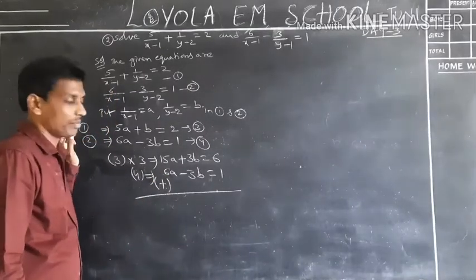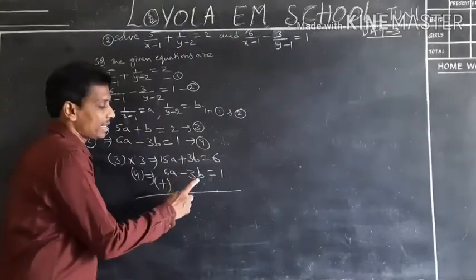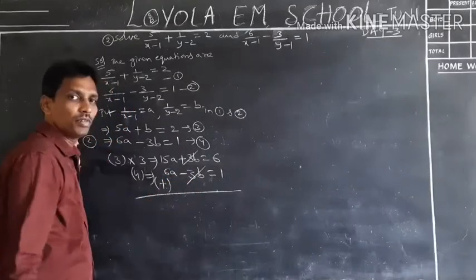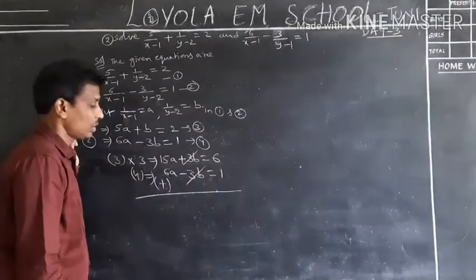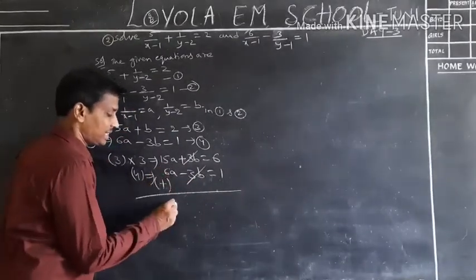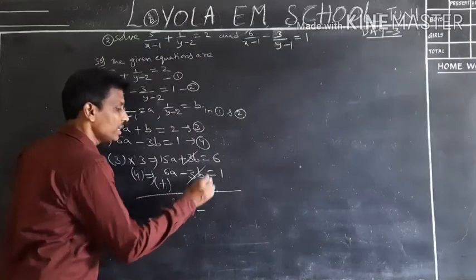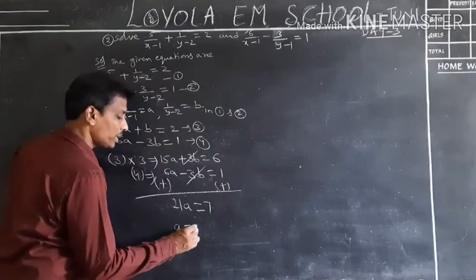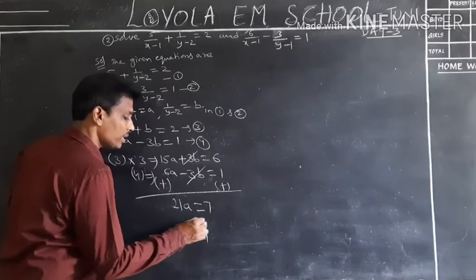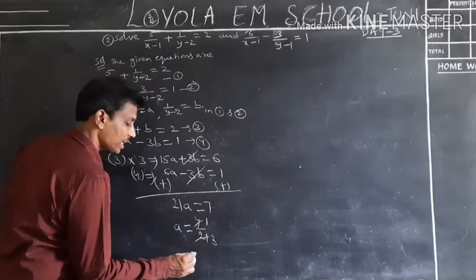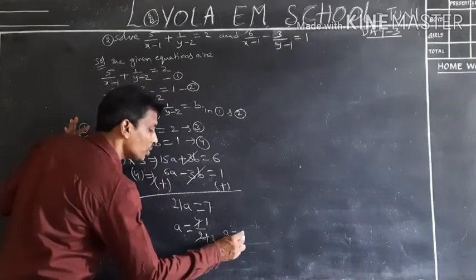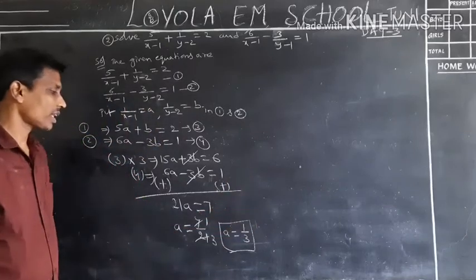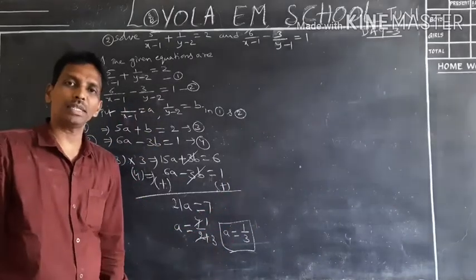Here plus 3b is there and here minus 3b is there, so plus 3b minus 3b will be cancelled. 15a plus 6a becomes 21a. 6 plus 1 means 7. So a is equal to 7 by 21. 7 ones are 7, 7 threes are 21. So from this we came to know the a value is 1 by 3.